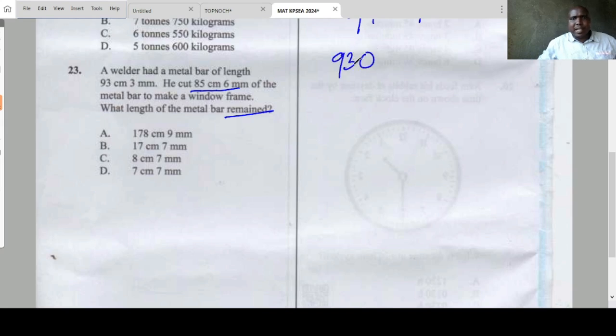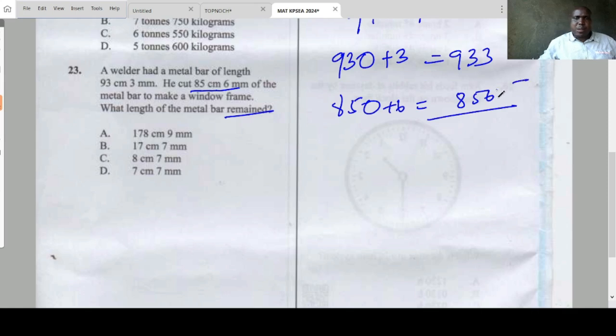So 93 centimeters times 10 will give millimeters, 10 plus 3, so that one will be 933. 85 centimeters times 10 will give you millimeters plus 6, that one will be 856.